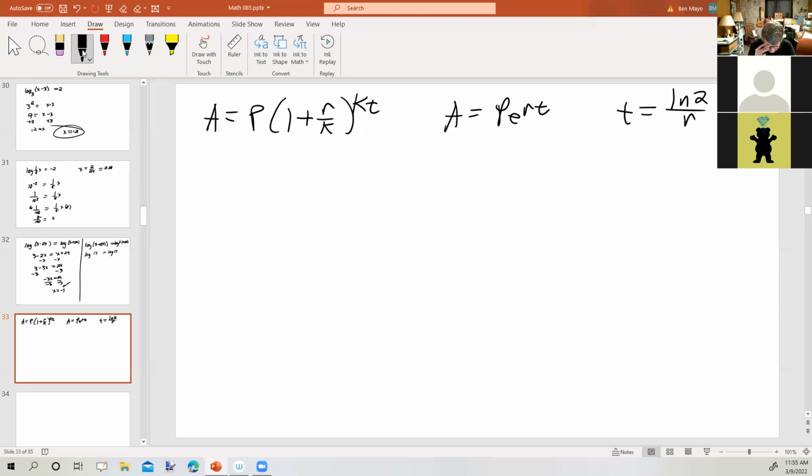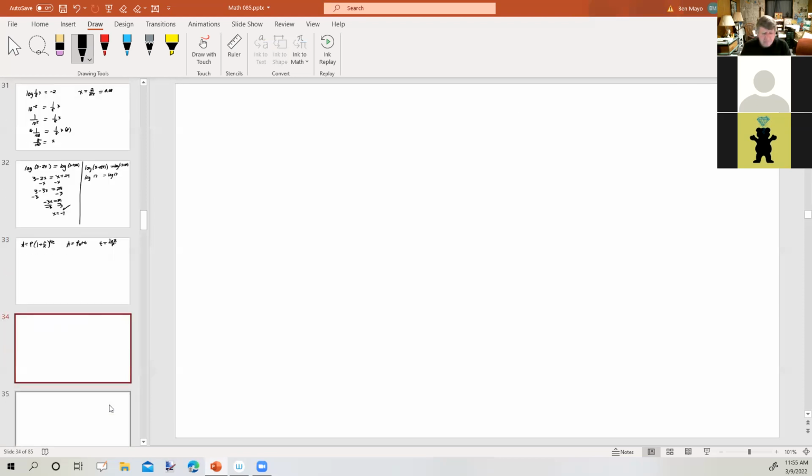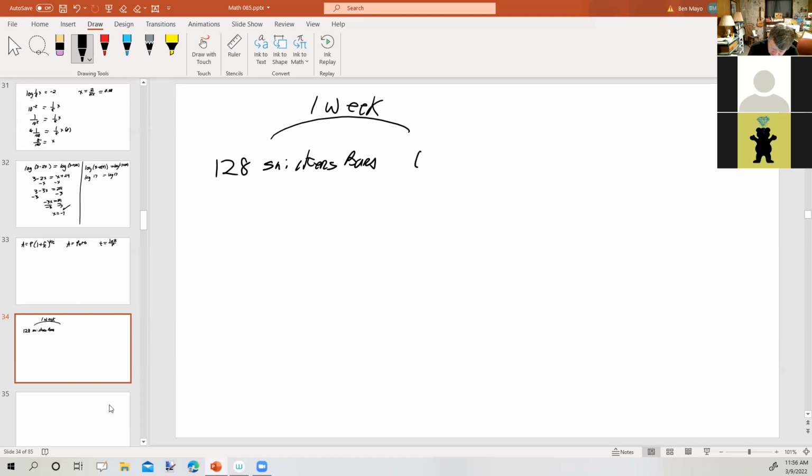Half-life. Well, let's talk about the idea of half-life, okay? And I'm just going to use a bizarre example just because I like to. Let's say that there's a refrigerator that has 128 Snickers bars in it. And 1 week later, I go back and there's 64.